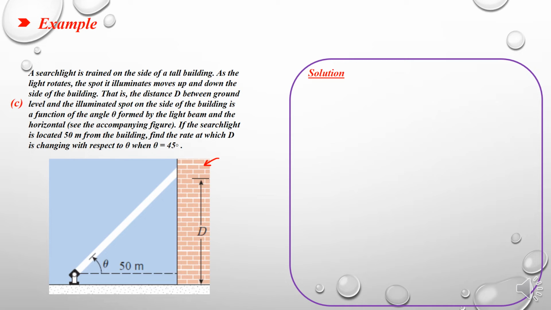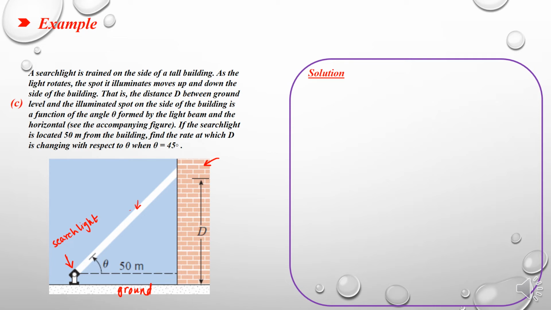That is the distance d between the ground level, this is the ground, and the illuminated spot. So this is the searchlight and this is the illuminated spot.